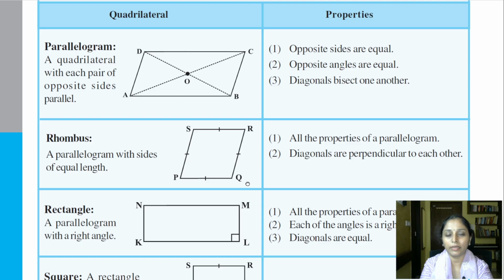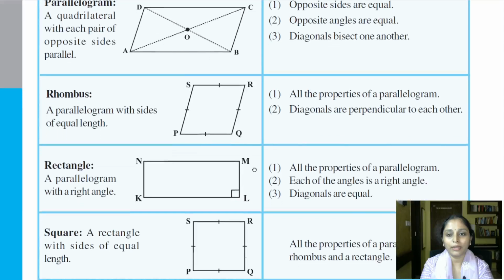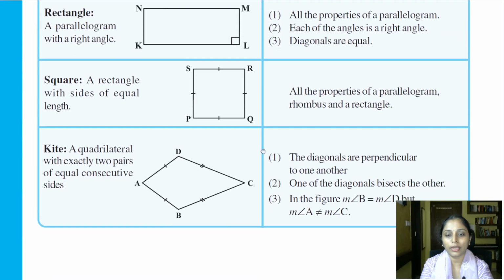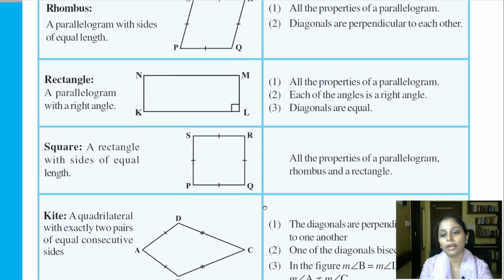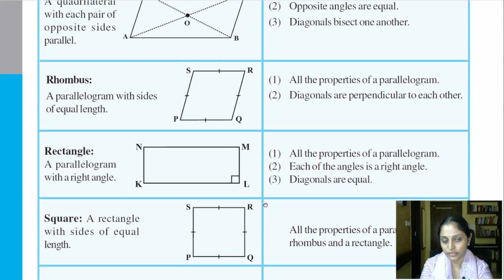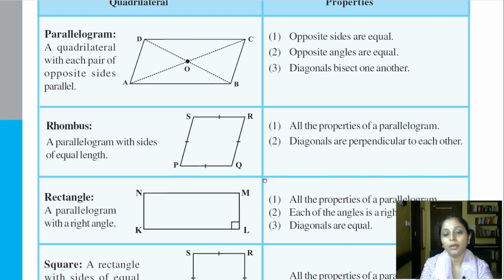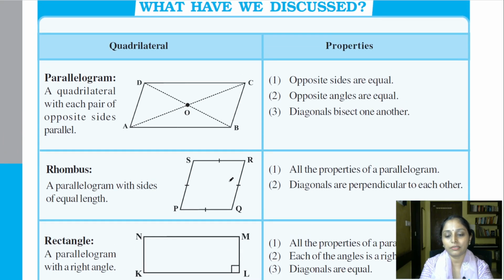They have given it in table form. They have given the definition and then the properties, right? For parallelogram, rhombus, rectangle, square, kite. There are one or two changes or additions that you can make to this table, based on the discussion that we have done in this video. So with this, we come to the end of understanding quadrilaterals, which is the third chapter from the NCERT textbook, class 8.